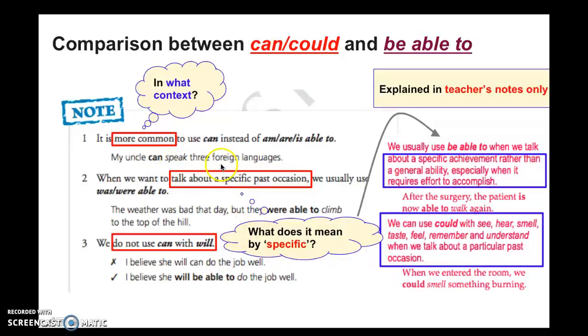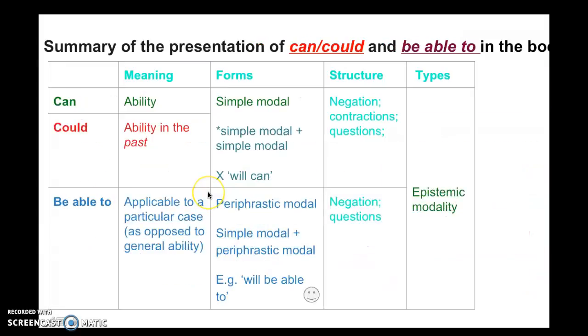And another thing is how specific it is when we are using was or were able to when referring to some past occasion. This is a summary of what we can find in the workbook in explaining the meaning, the forms, structures, and the types.